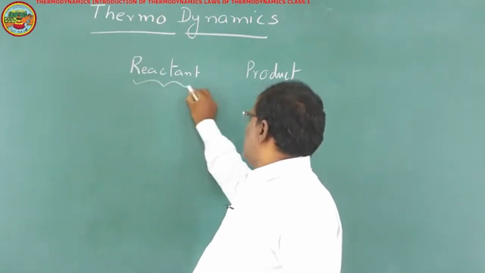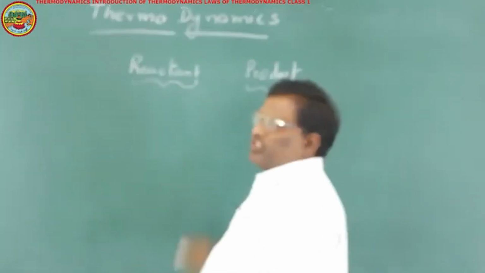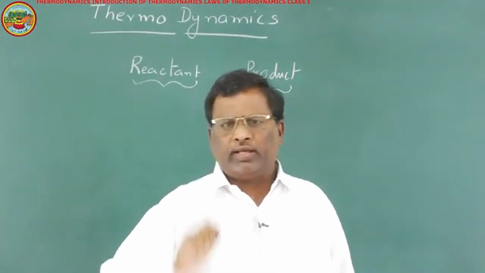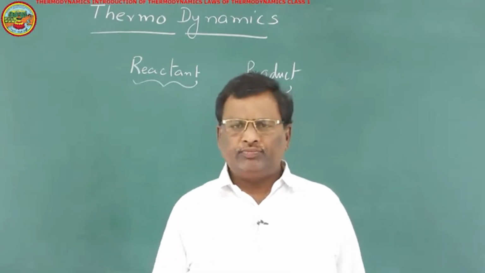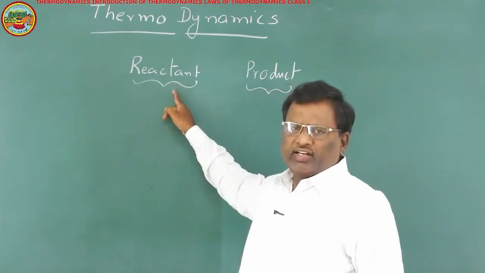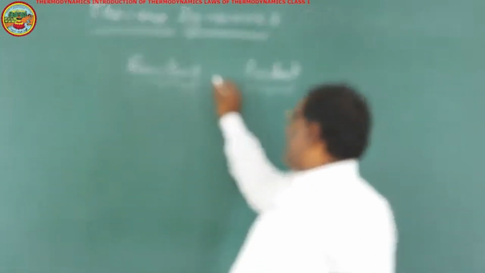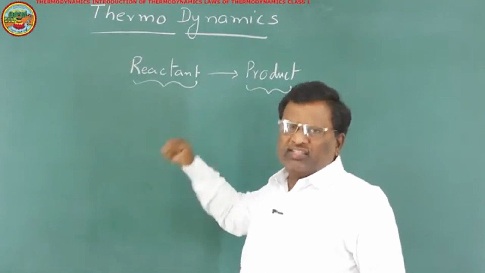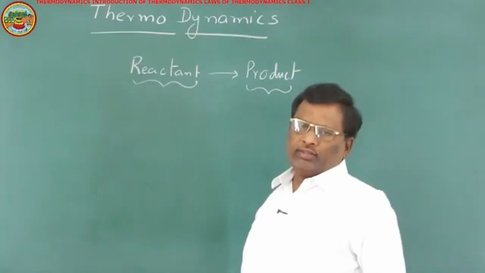Reactant will have a certain amount of internal energy, and product will have a certain amount of internal energy. It is impossible to determine the total amount of internal energy stored in the reactant as well as in the product. But when a reactant is converted into a product, the difference in the internal energies may be determined.